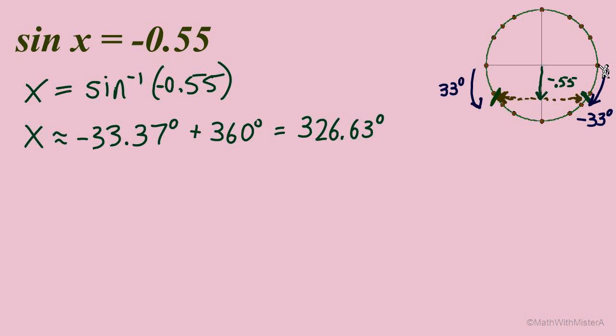So 33 degrees clockwise from original position to this point here in quadrant 4 matches up with 33 degrees from this point in a counterclockwise direction to our location in quadrant 3.